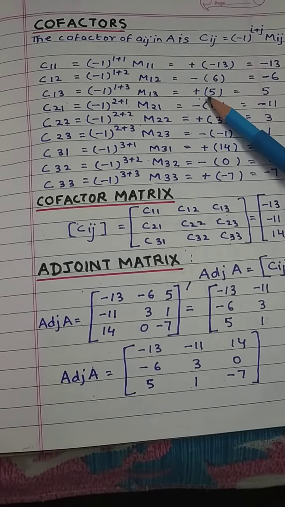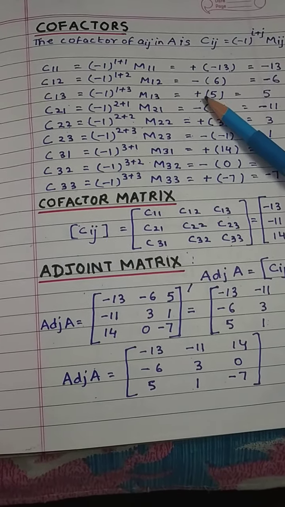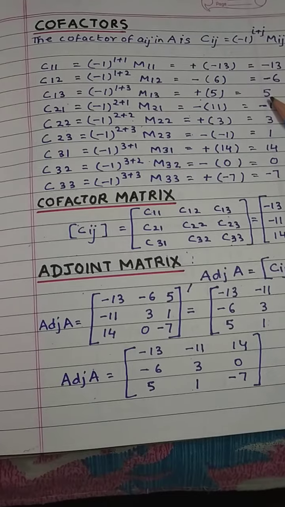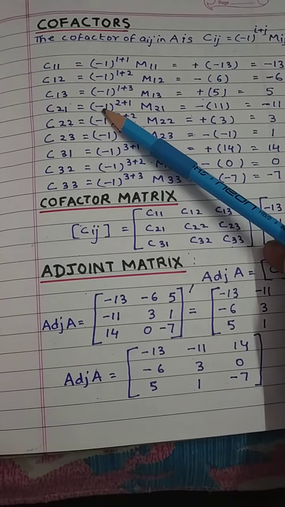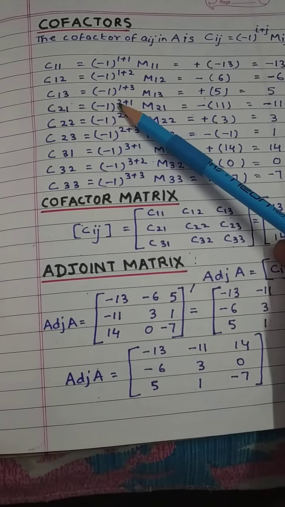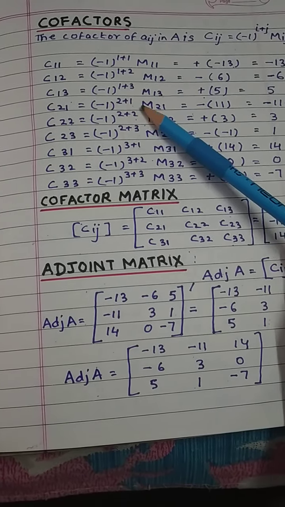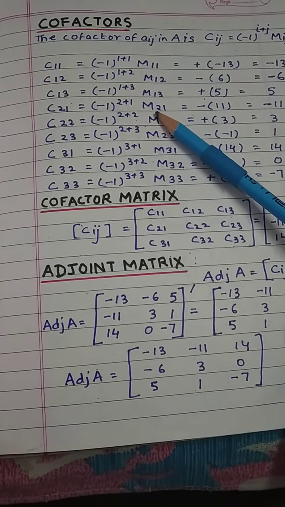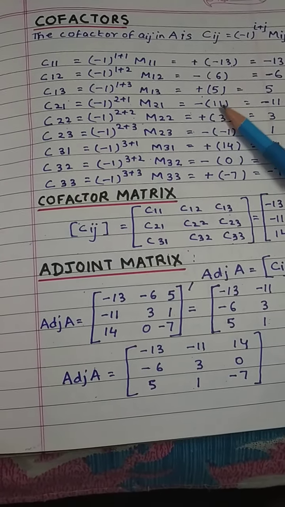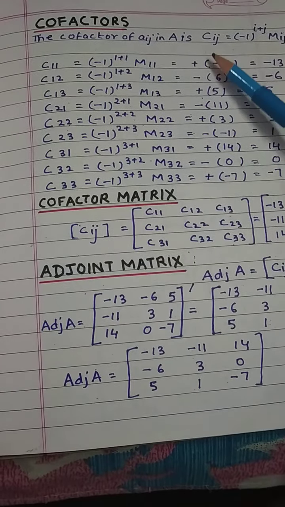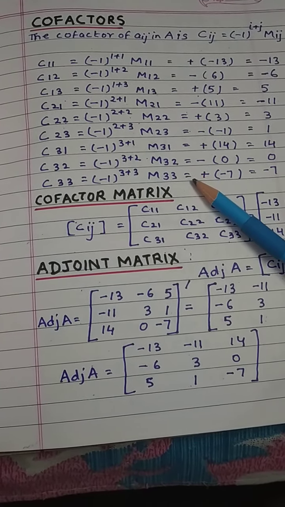M13 is 5, and with plus it will become only 5. Minus 1 to the power 2 plus 1, odd. M21 is 11, so minus 11. This is how we find out the cofactors.